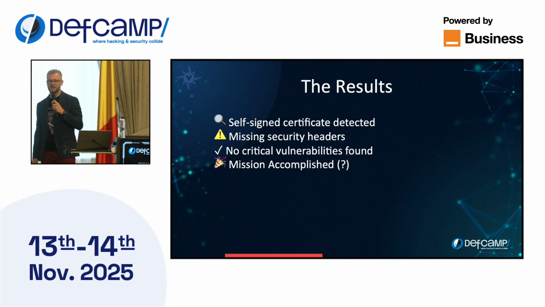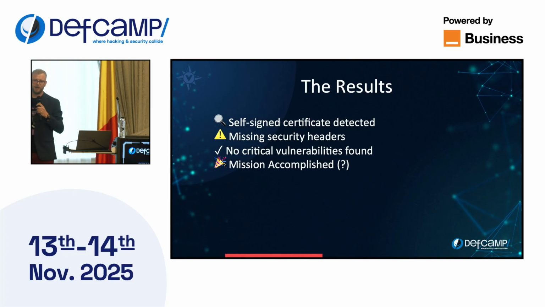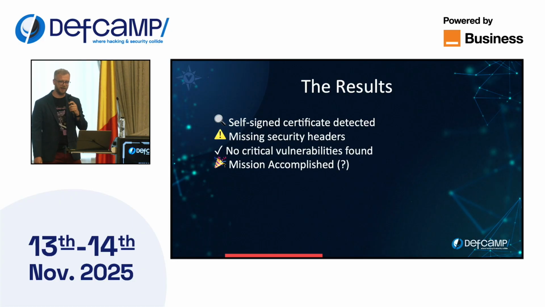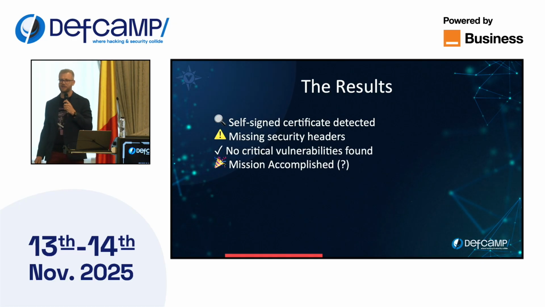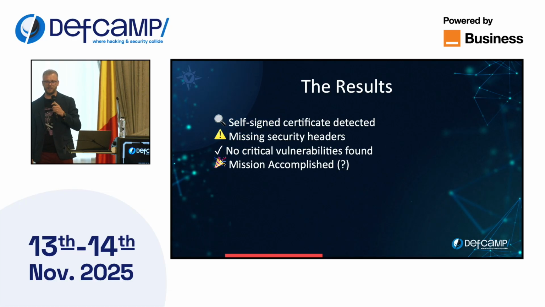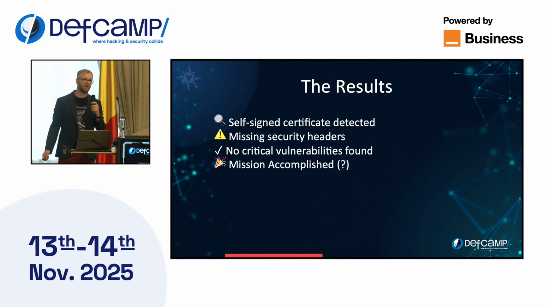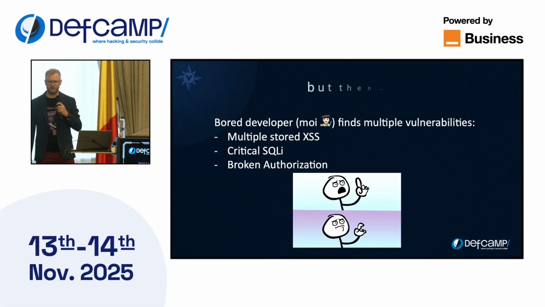You have some self-signed certificates detected, but it's normal, right? It's the dev environment, so you don't care much about it, right? You have some missing security headers, some cumbersome ones that you haven't even heard about. It doesn't really make a difference. They are all informational. Usually no critical vulnerabilities found, and yeah, mission accomplished, right? Everyone's happy.